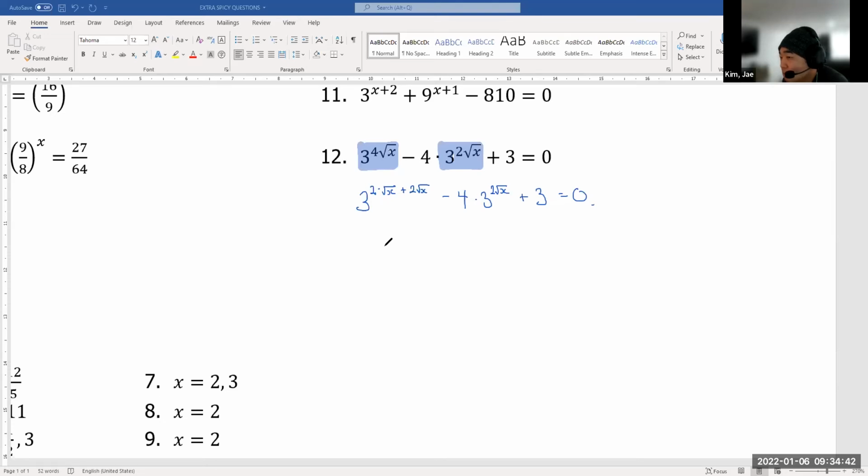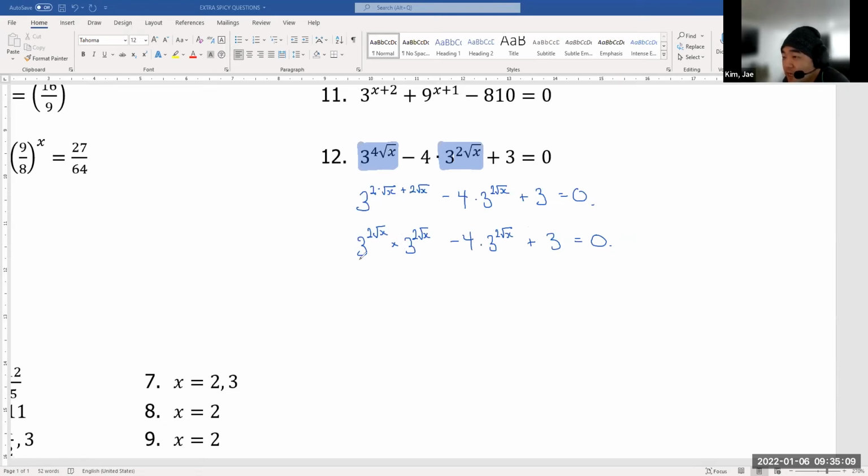right, which I could say is the same as, wouldn't you agree? Right, using exponent laws.